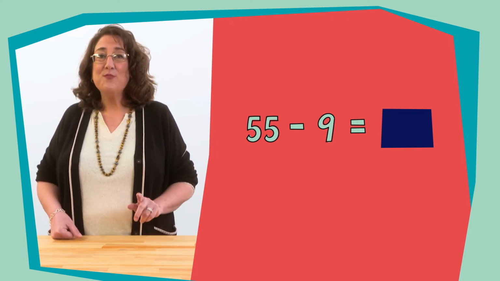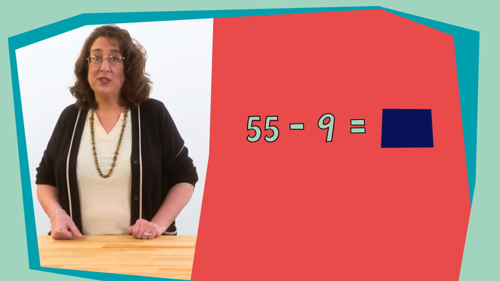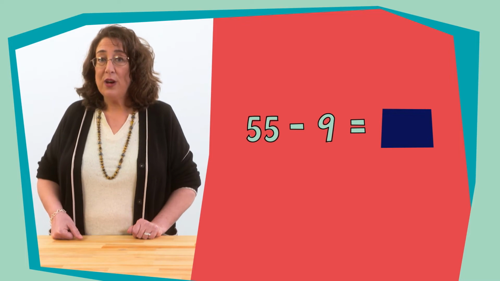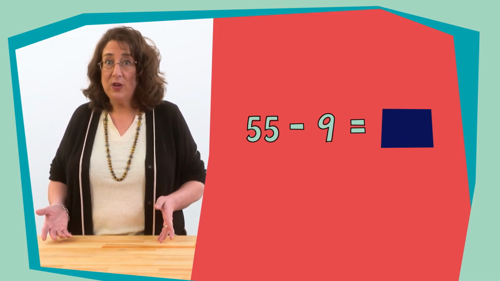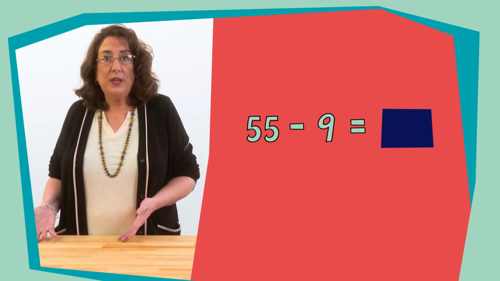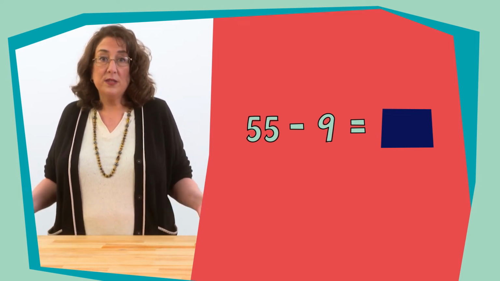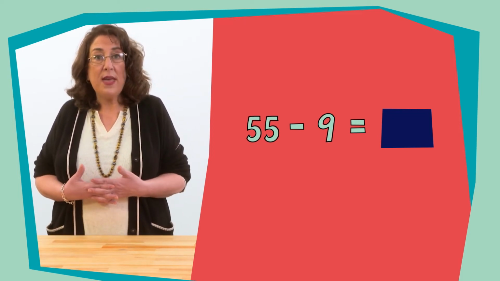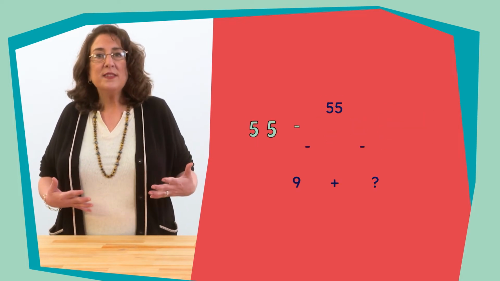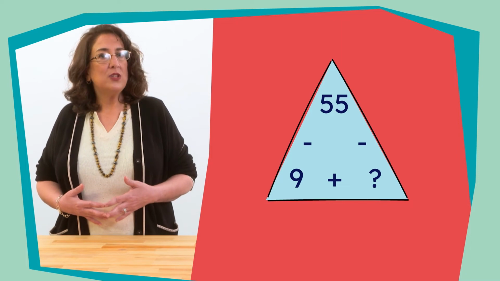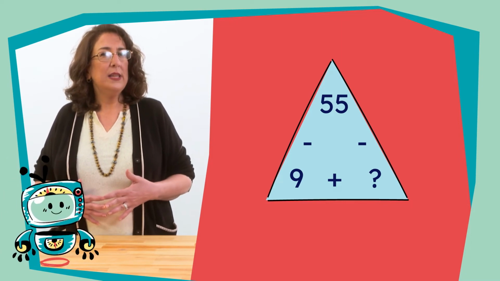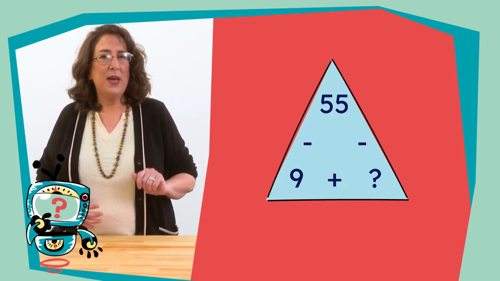Wow, you must be real mathematicians, because you know that when you have a total and you take away either one of its partners, you're left with the other partner, because the parts together make the whole. Just like this math mountain shows us. Mathematicians, what relationships does this math mountain model?